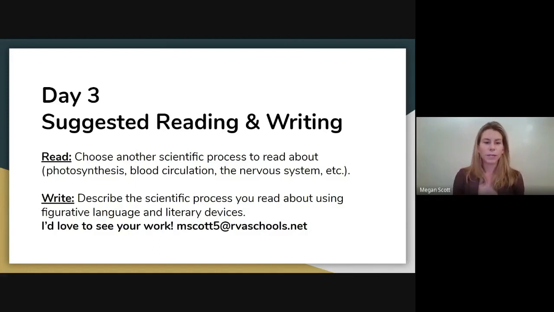And for your writing, after you've read about a scientific process, and you can use Britannica Kids or the Britannica School through Clever, describe the scientific process that you read about using figurative language and literary devices. So while you're reading it, it's probably going to be very scientific with a lot of specialized vocabulary and maybe really hard for someone to understand.